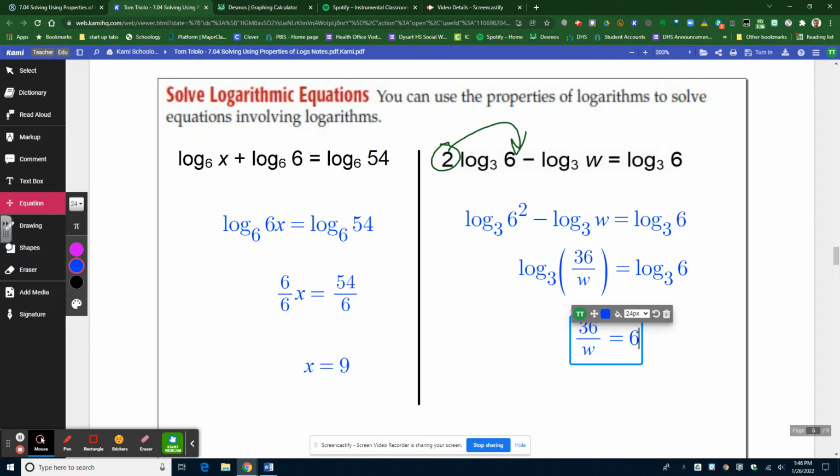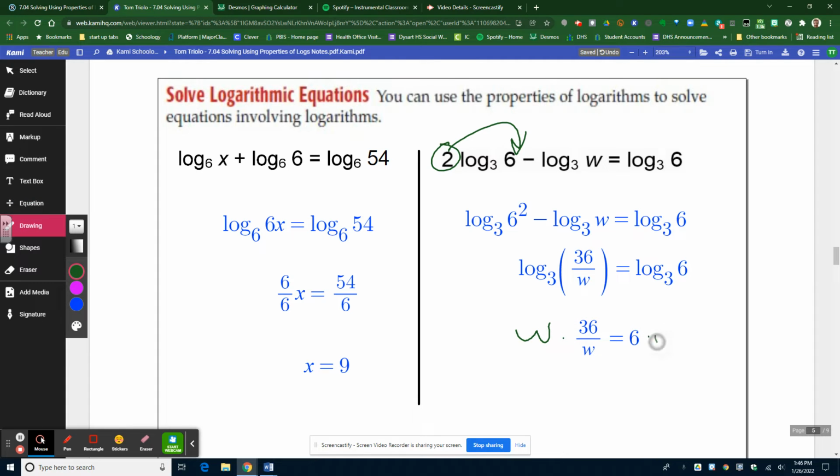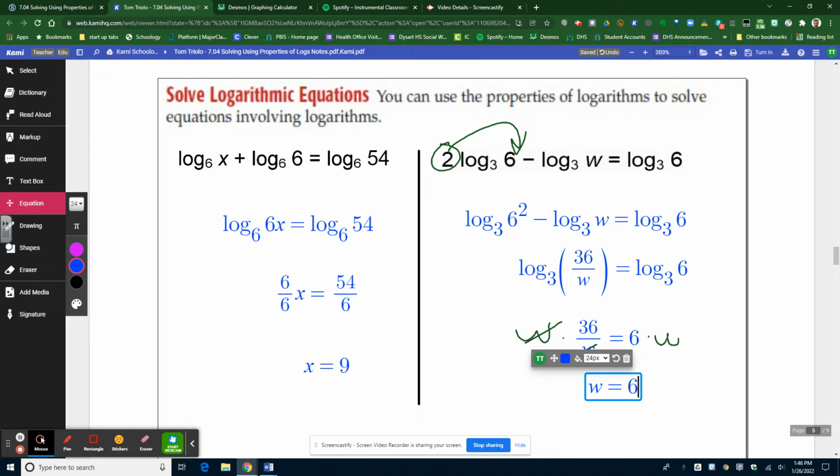Okay? So I will do it the official algebra way, but you can kind of think, hey, what do I divide 36 by to get 6? But the official algebraic way would be to multiply both sides by w. The w is divided out on the left, and I got 36 equals 6w. So w equals 6. So you could have just said, hey, I know that 6 goes into 36 6 times.